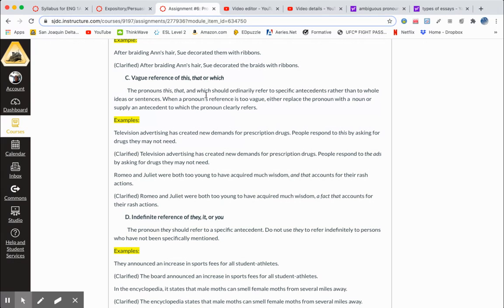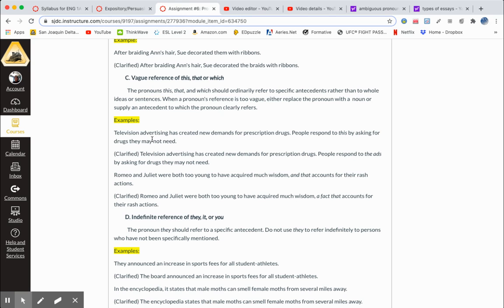Pronouns this, that, and which should ordinarily refer to specific antecedents rather than to whole ideas or sentences. When a pronoun's reference is too vague, either replace the pronoun with a noun or supply an antecedent to which the pronoun clearly refers. Let's look at examples because that's a lot of words.